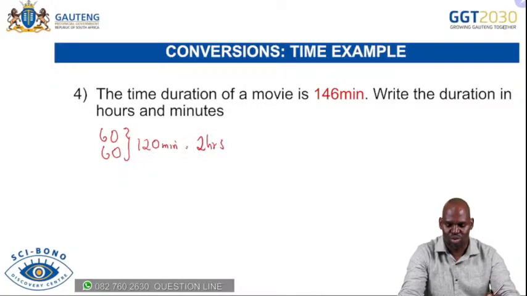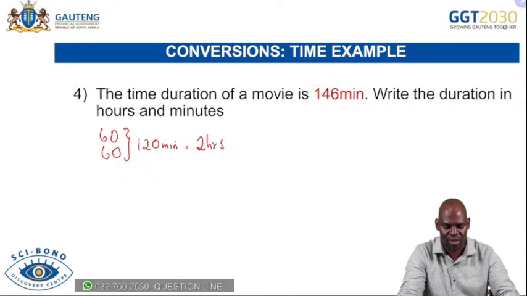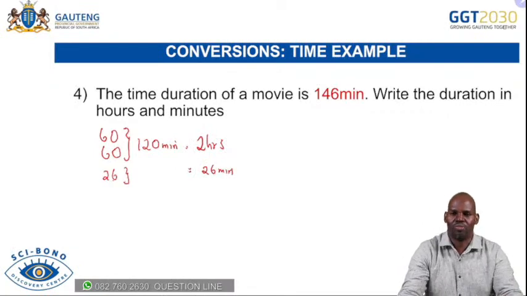So 60 and 60 is 120. Out of 146, you are left with 26. Therefore, this is 2 hours and 26 minutes.